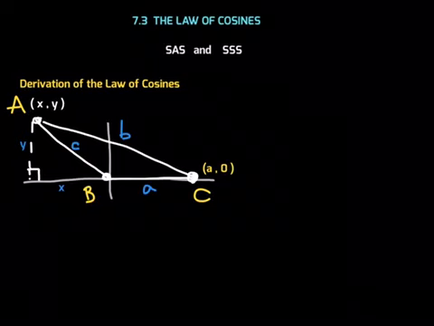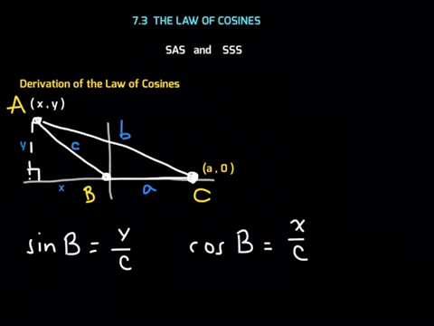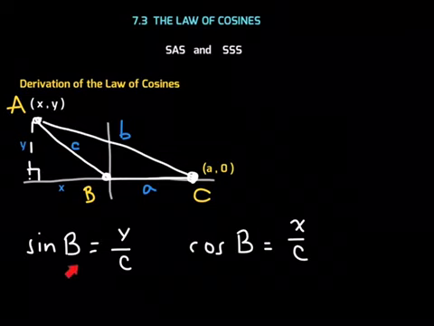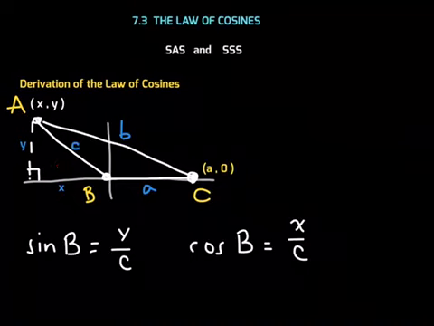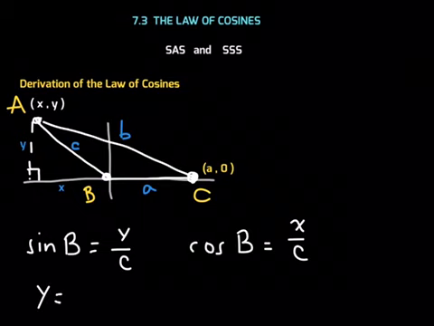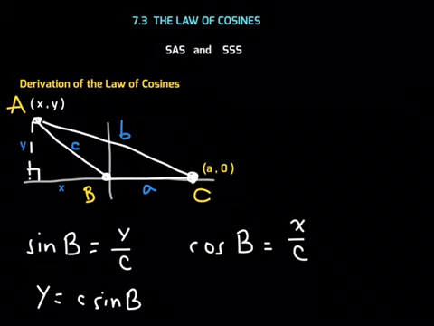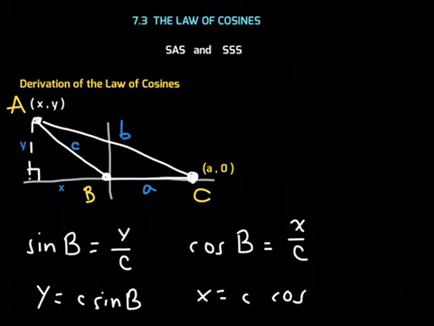Sine of angle B would be y over c, remember opposite over hypotenuse, and cosine of angle B will be x over c, adjacent over hypotenuse. These two statements lead us to y is equal to c times sine of angle B, and x is equal to c times cosine of angle B.